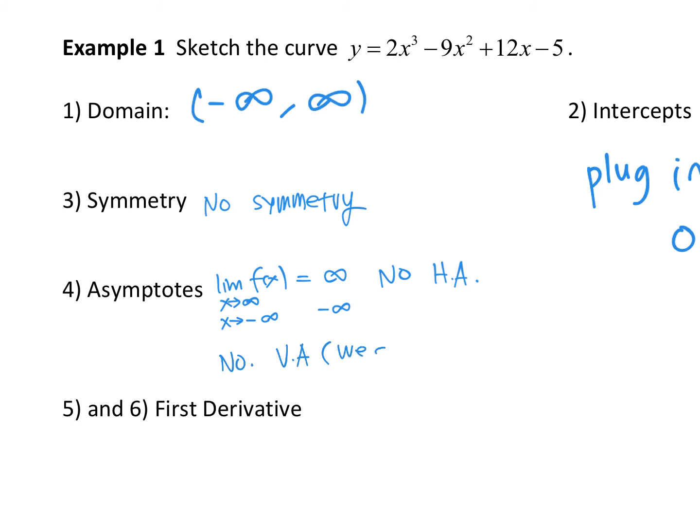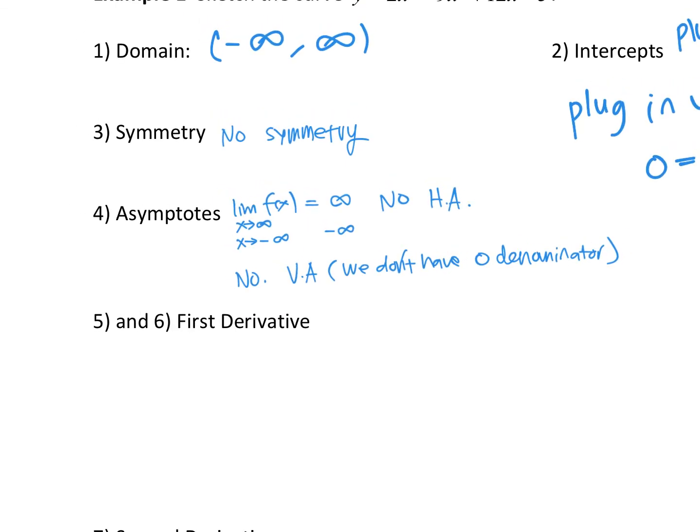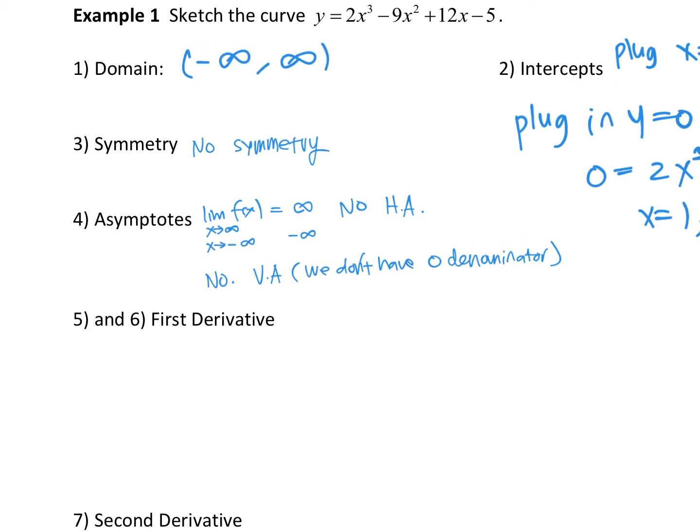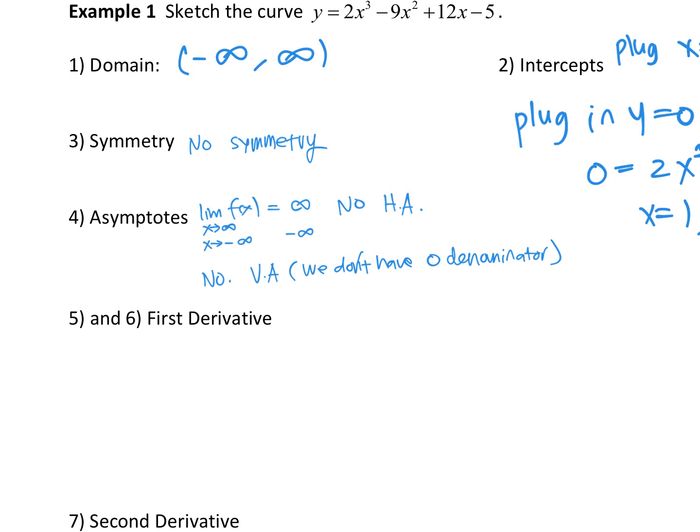We don't have a zero denominator, because that's the possibility for having a vertical asymptote. Let's look at the first derivative to figure out when it's increasing or decreasing. So f prime of x is going to be 6x squared minus 18x plus 12.